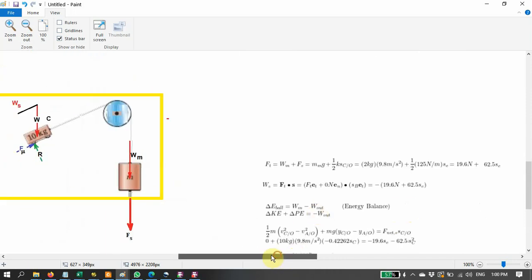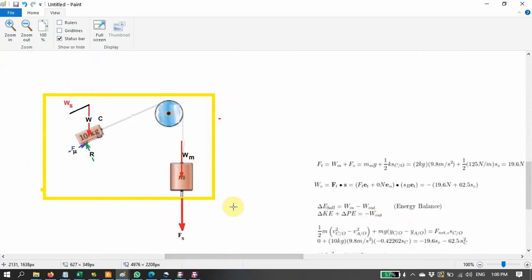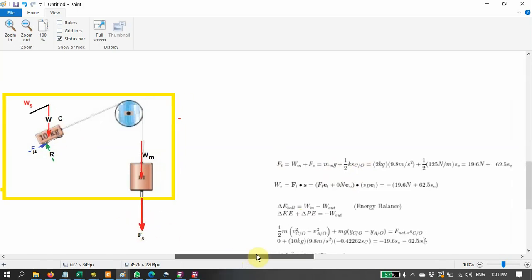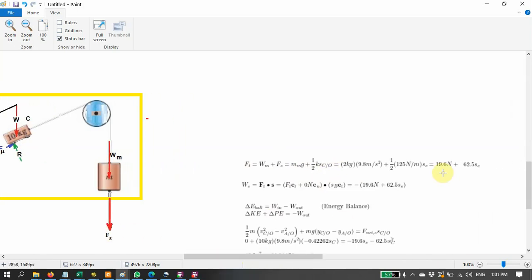So this is the active force diagram. So from here we can find the summation of force that acts in the tangential direction of this body, which consists of the mass as well as the force by the spring. So we have about 19.6 Newton plus 62.5 SC, right?